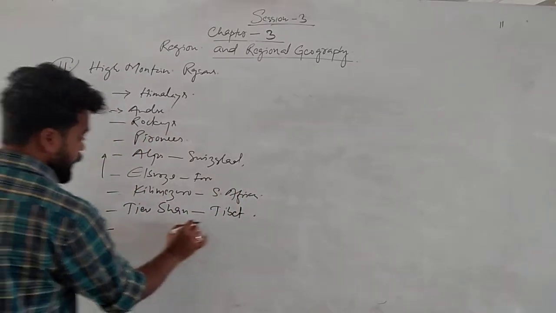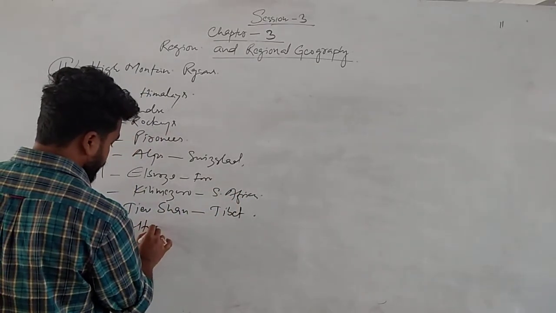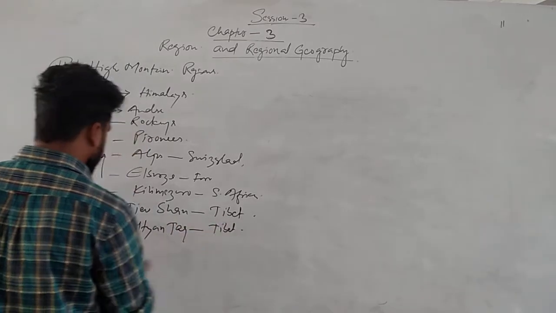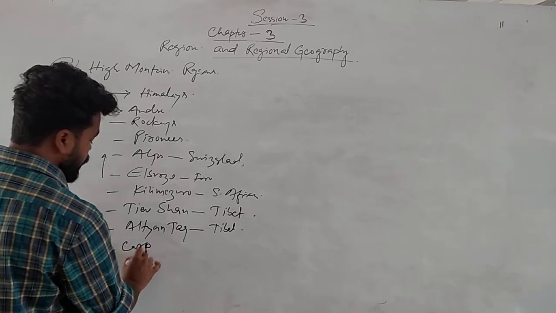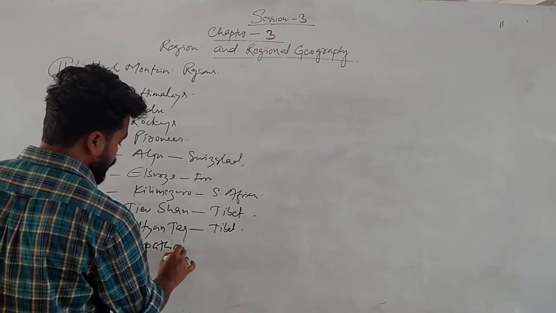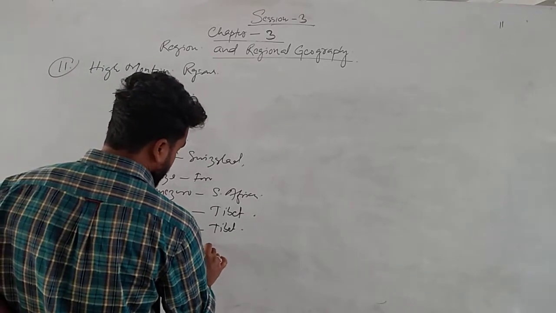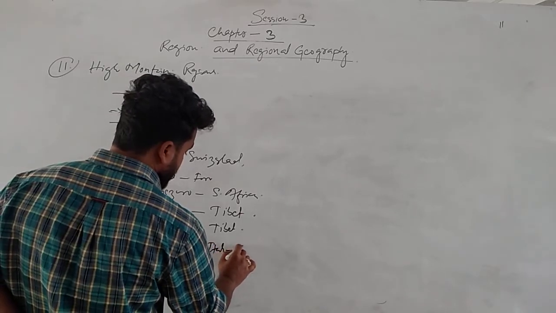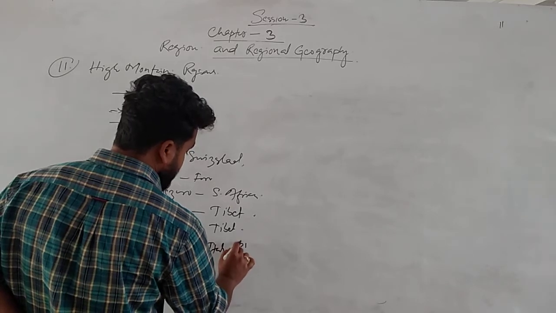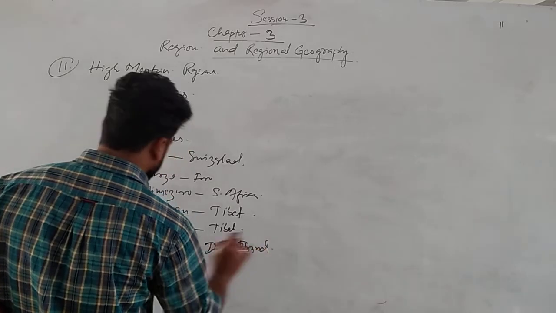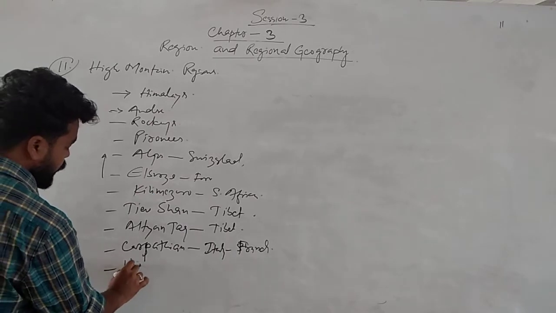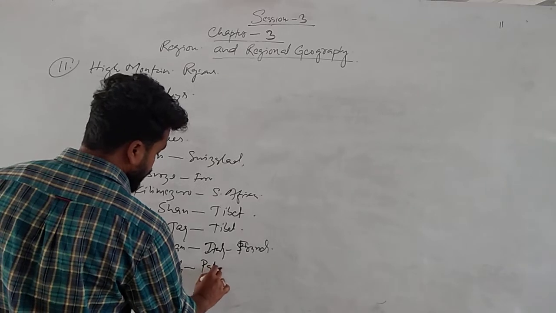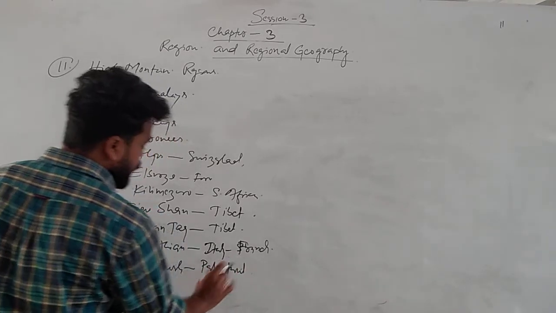Altai, that is also in Tibet. Carpathian, that is in some parts of Italy, some parts of Spain and France. The Hindu Kush mountain is in Pakistan and some parts of India.